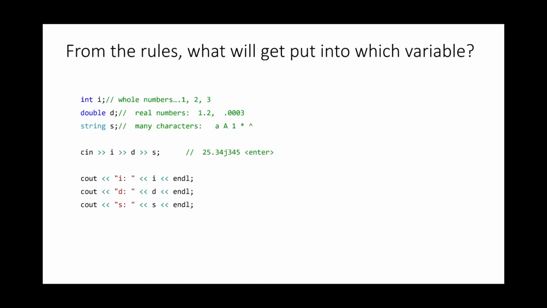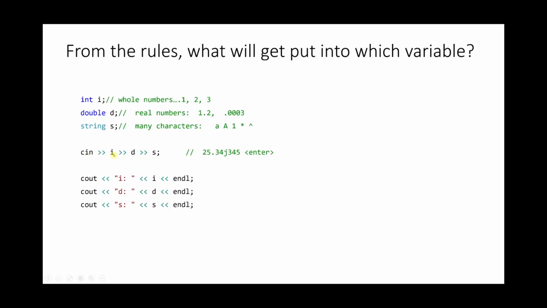Double is going to be taking floating numbers, like real numbers, those having fractions, like we have the dot involved in the double data type. Strings is basically anything enclosed in double quotations. So if I have this sequence, cin I D S, take it, try it, then come back to continue the video.